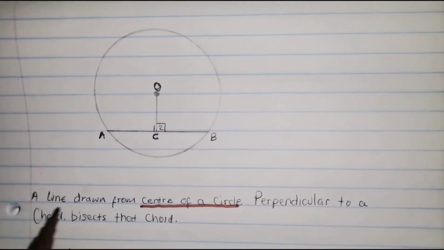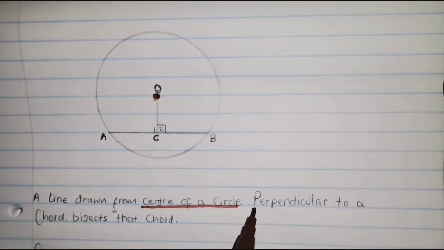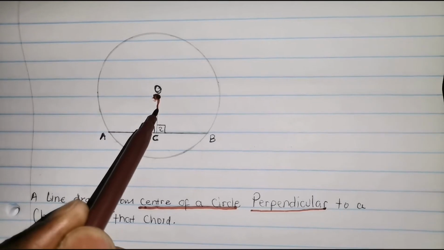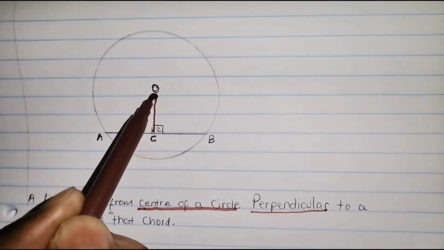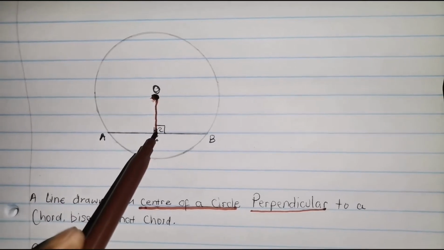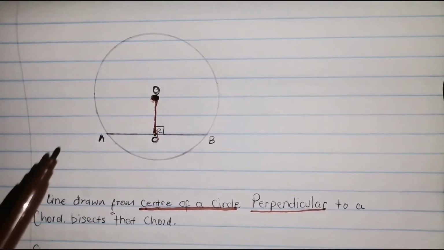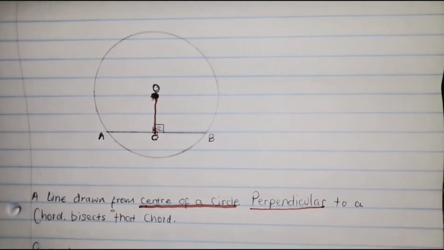A line drawn from the center of a circle. We have center O, and a line OC. This line is drawn from the center O to point C, and it is perpendicular to a chord. Which one between line OC and line AB is a chord, guys?